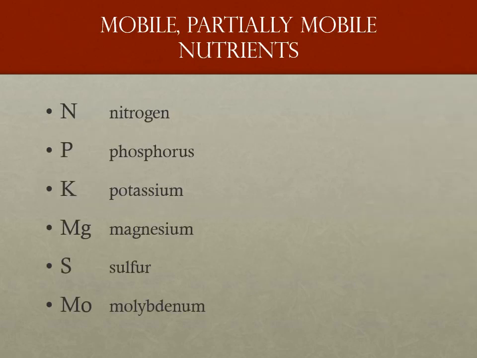So breaking it down into partially mobile or mobile principally, the best way to look at this is that your macronutrients, for the most part, are mobile. So NPK, magnesium, and sulfur kind of fit into that macro. It's a secondary macro. And then the only micronutrient that's mobile is molybdenum.